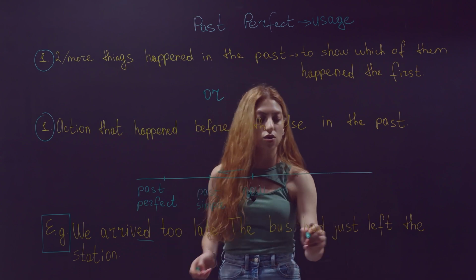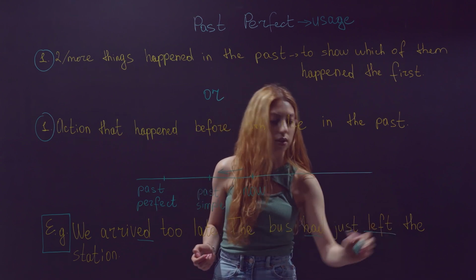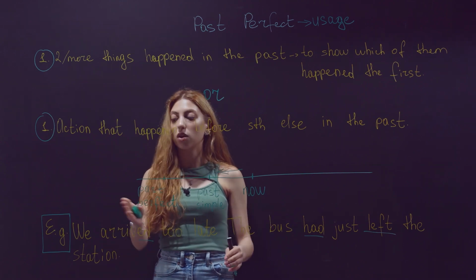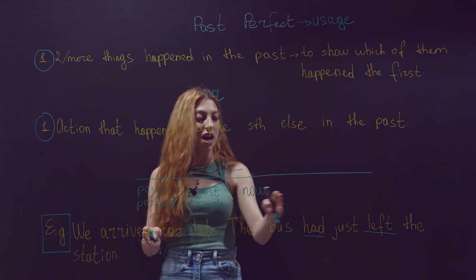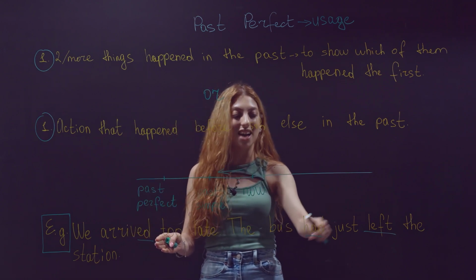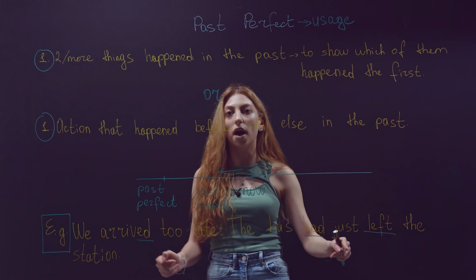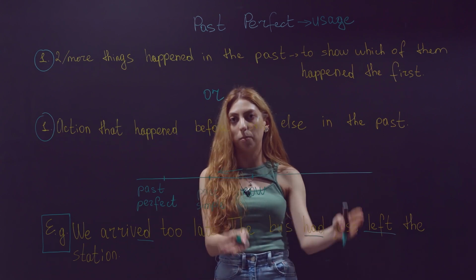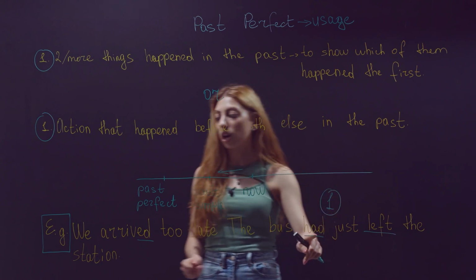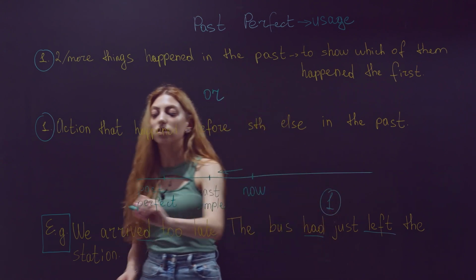Let's analyze the structure: had left. This is past perfect tense. What do we understand from we arrived too late, the bus had just left the station? Which is the first action? The bus had just left the station. Why? Because it is in the past perfect tense. So this is the first action. We arrived too late: this is the second action.